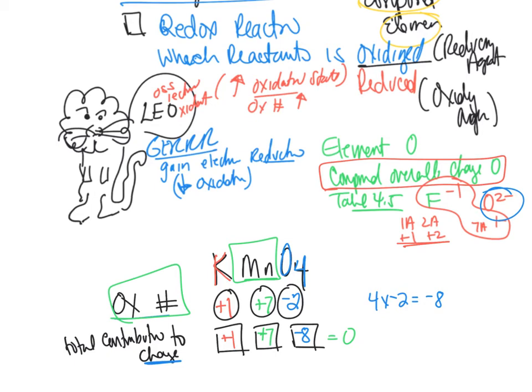Let's see if we can go to your checkpoint. Okay, so let's do 4.41. Problem 4.41. Determine the oxidation number in sulfur for each of the following species.